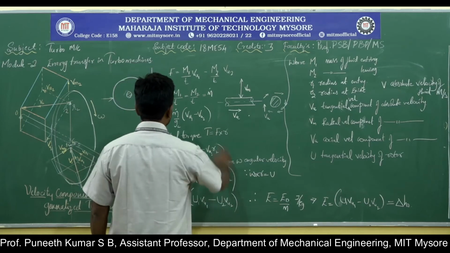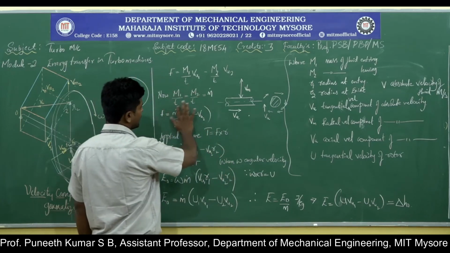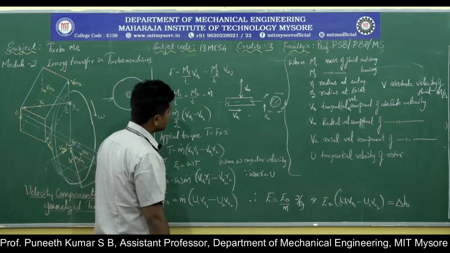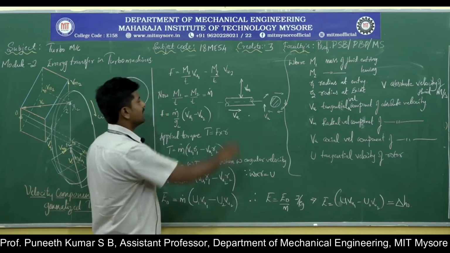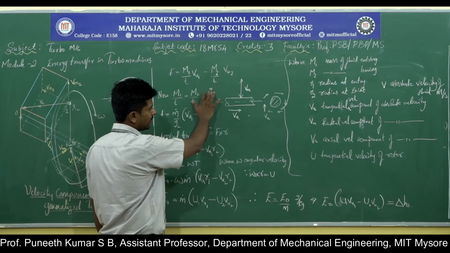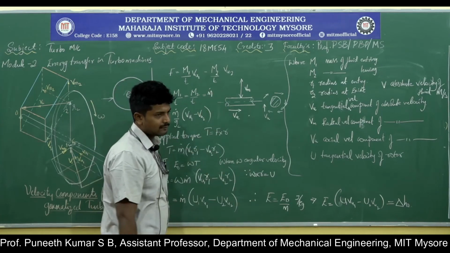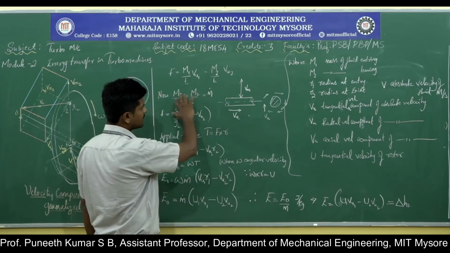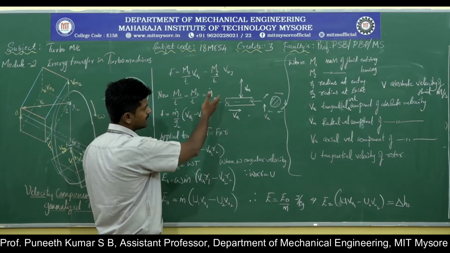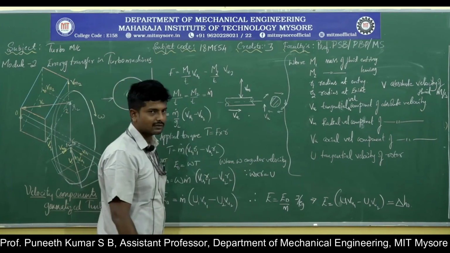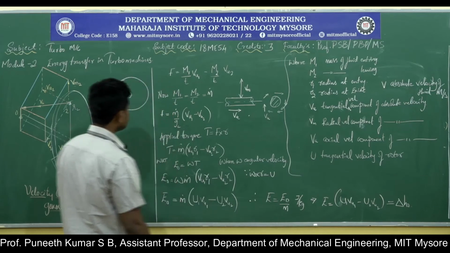So, assuming that the mass flow rates are the same, I have generalized m1 by t is equal to m2 by t as just m dot. M dot is the mass flow rate, the same at the entry and exit. So I am not giving any number as 1 and 2.